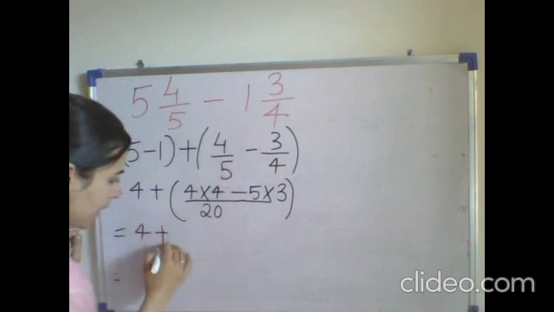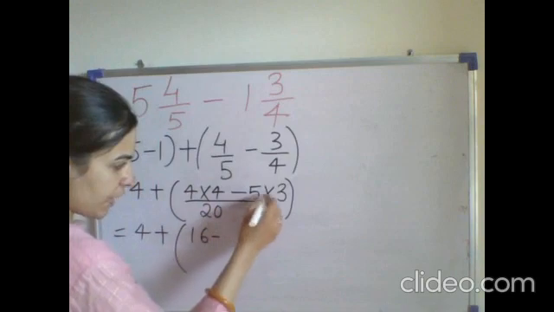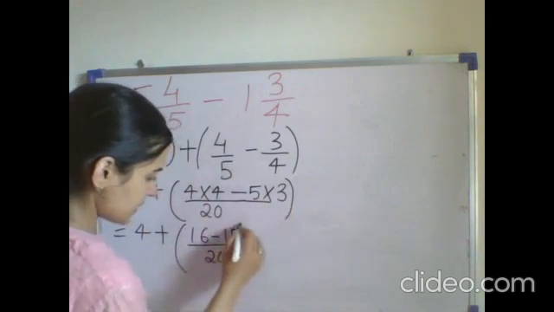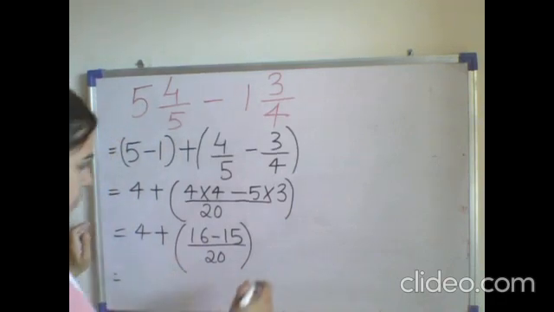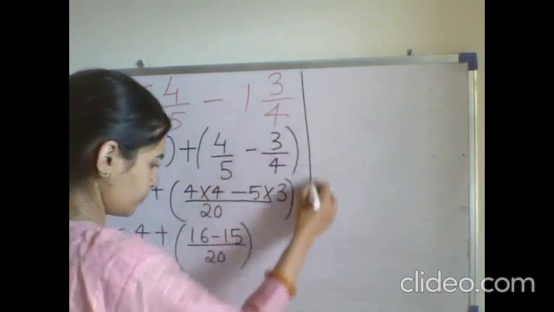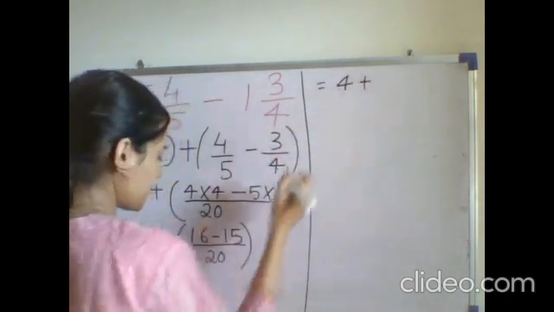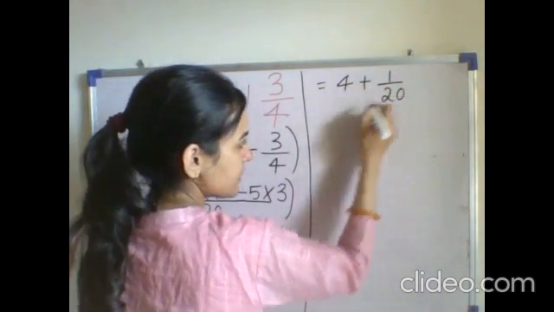So 4 4s are 16, 5 3s are 15 upon 20. Now we can write here 4 plus 16 minus 15 is 1 upon 20.